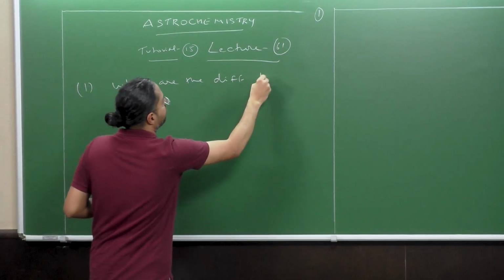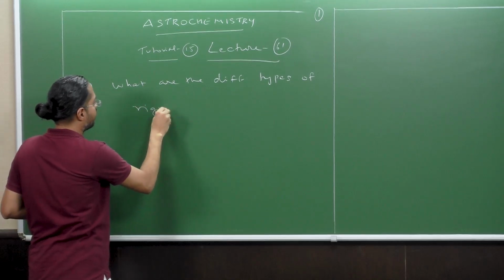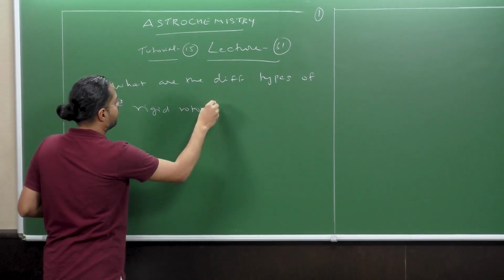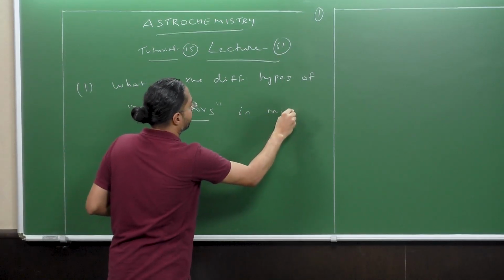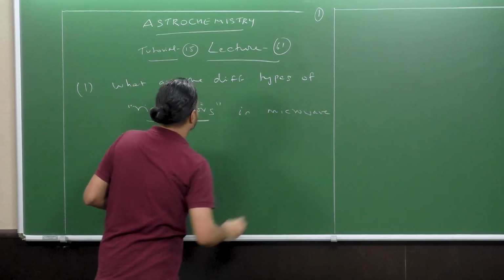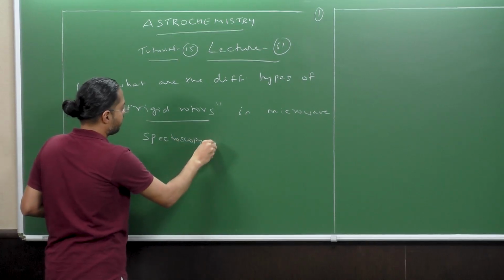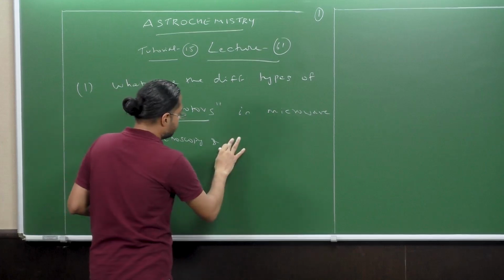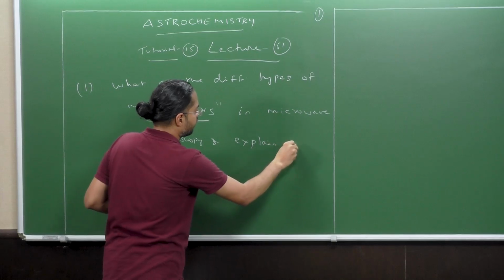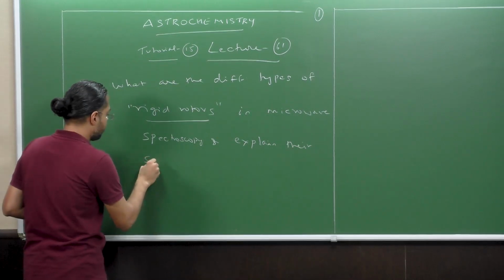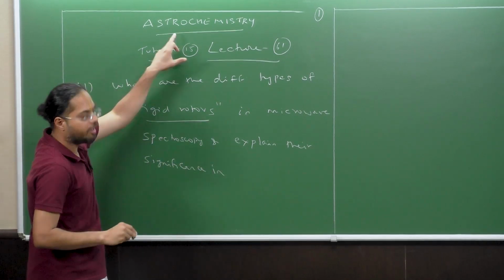Okay. So the question is going to be, what are the different types of rigid rotors in microwave spectroscopy and explain their significance in astrochemistry.